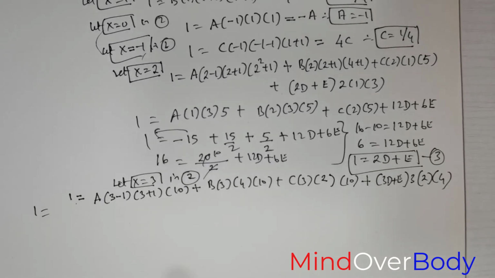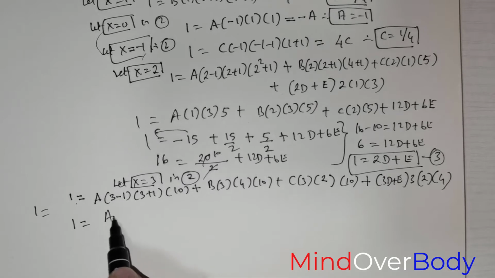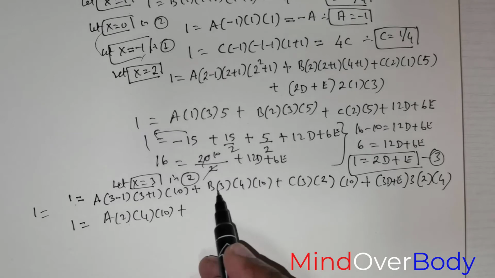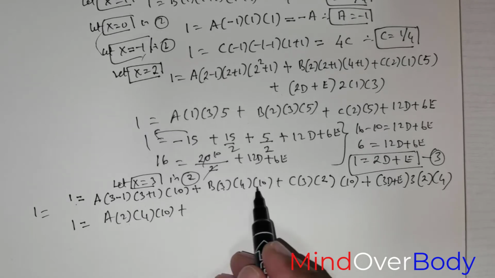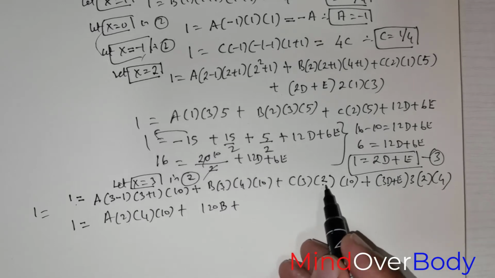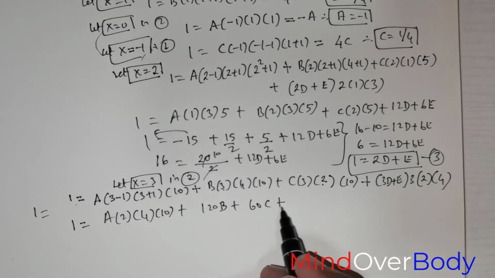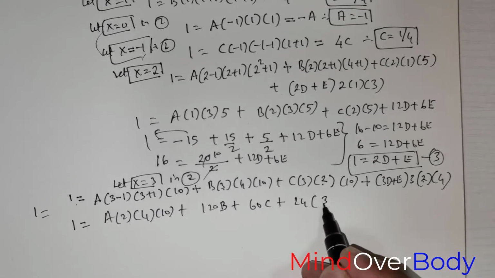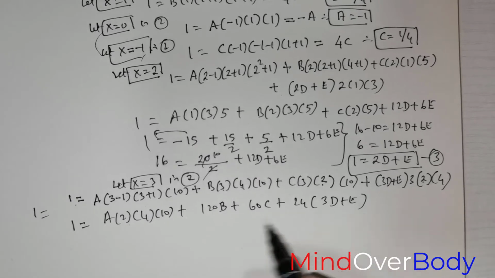So that's fine. So 1 is equal to, this is going to give me a of 2, 3, 1, 4 and 10. 3 times 4 is 12, 12 times 10, 120 times b, 3 times 2, 6, 60c, and 3 times 2, 6, 6 4s are 24 times 3d positive e.